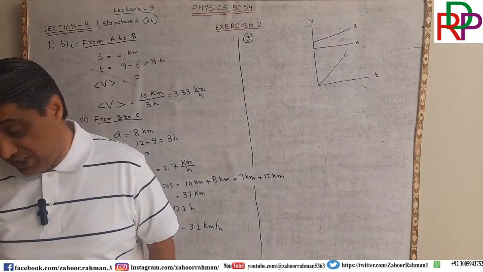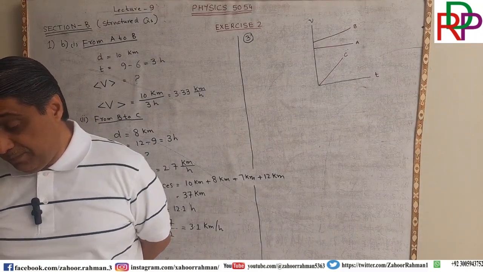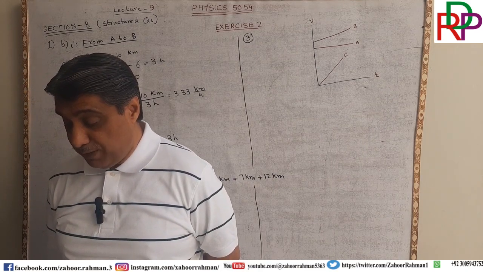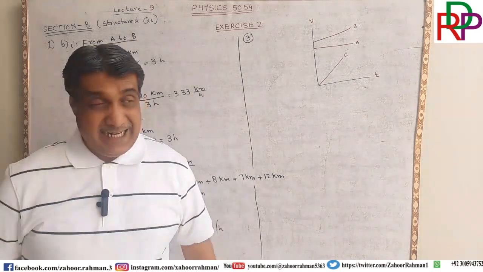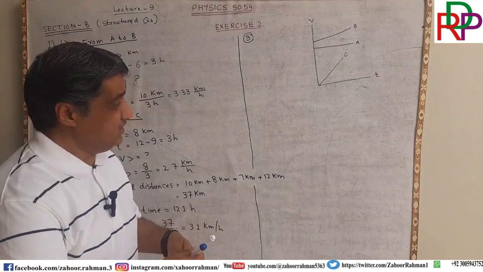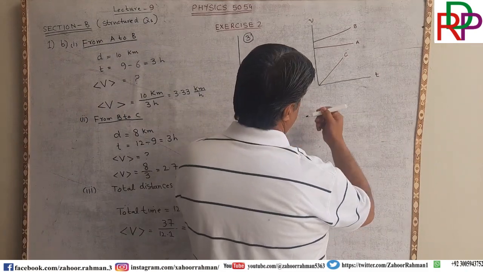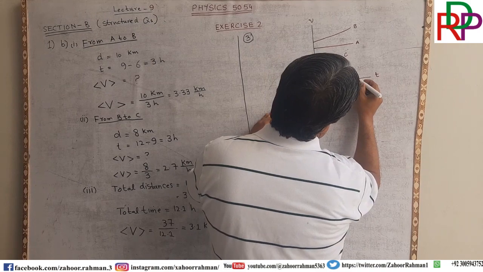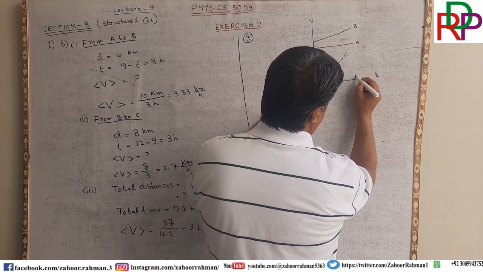Now what the question is saying, the diagram below shows the velocity time graph for four particles, that is A, B, C, and there is D as well, and that is here on the horizontal axis.